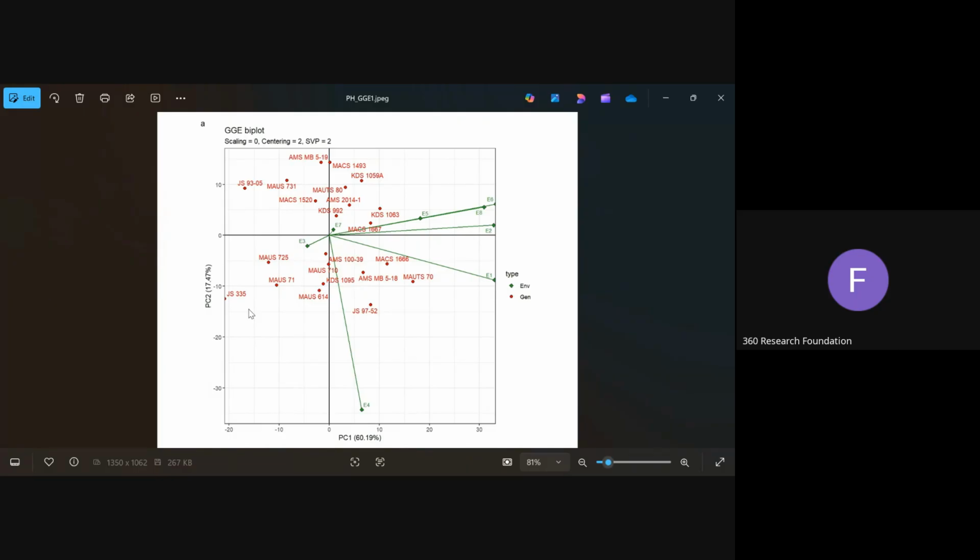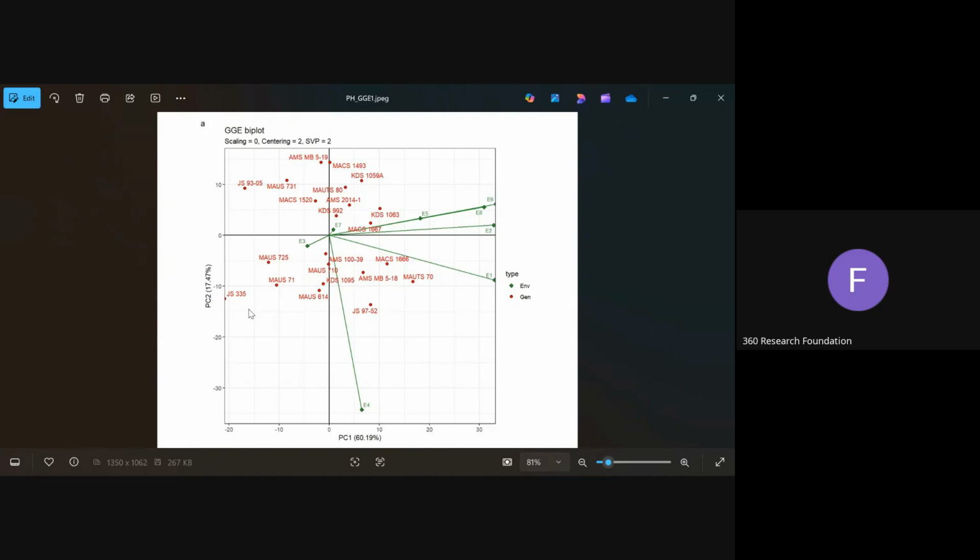And a genotype that is roaming alone has poor adaptability across all the test environments. An example here is JS335.